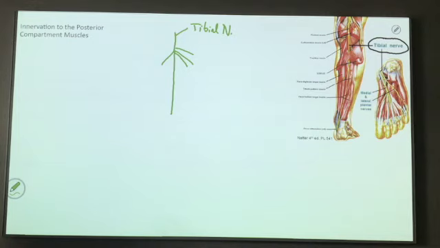So that's my tibial nerve. It's also going to give off branches that are going to supply the deep posterior component as well.